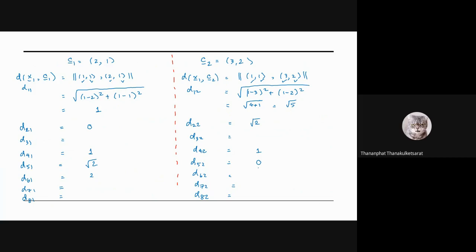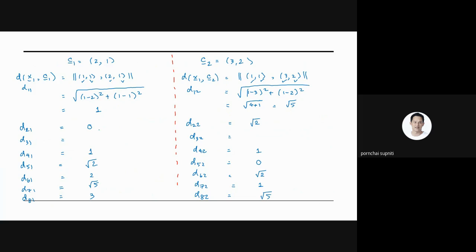Maybe either I'm wrong or you're wrong. Square root 2, I think, right? When I did it, I used programming, so it's quick. How about D7,1? Square root 5 and 1. And how about D8,1 and D8,2? 3 and square root 5. Good. I'm sure you computed it with your hands, right?